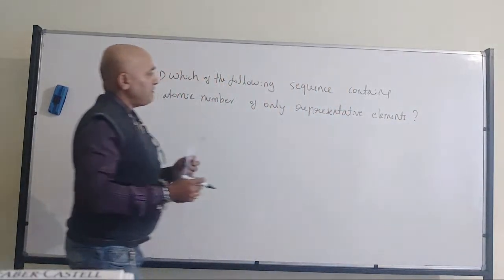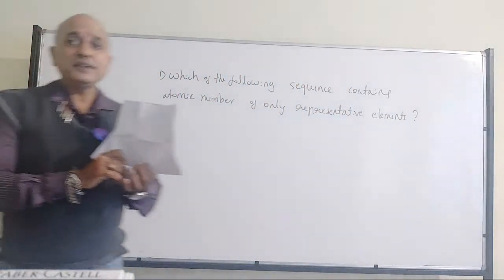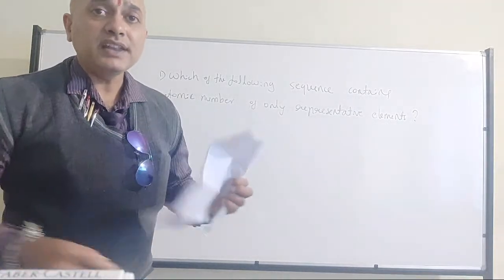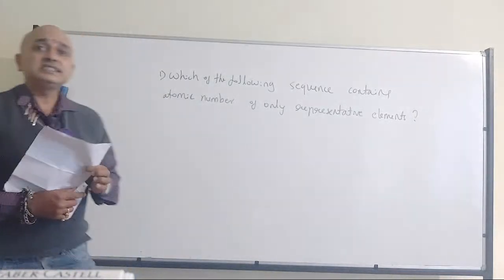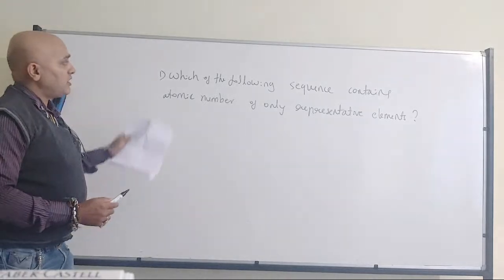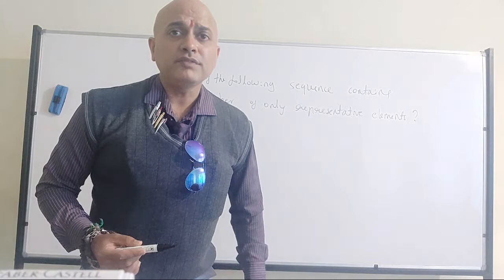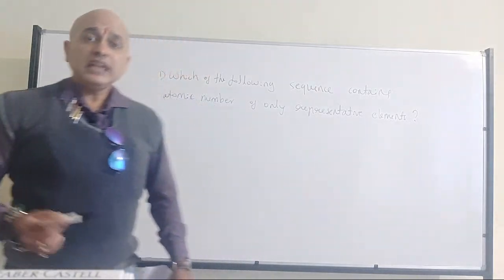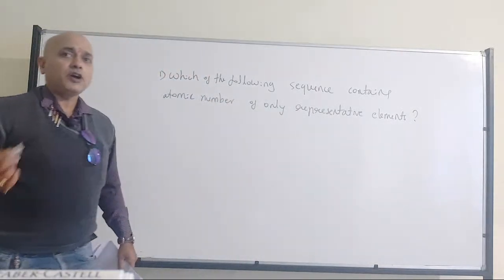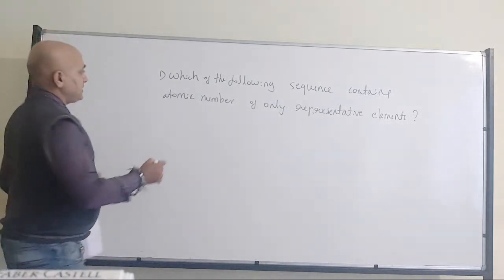Please remember, I have included CET, NEET, and even related questions and JEE questions. Okay. So some of the questions I have included in these questions. Along with that, related questions and other competitive exam questions also I have included.